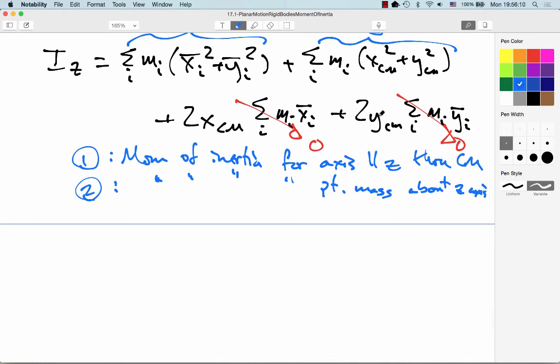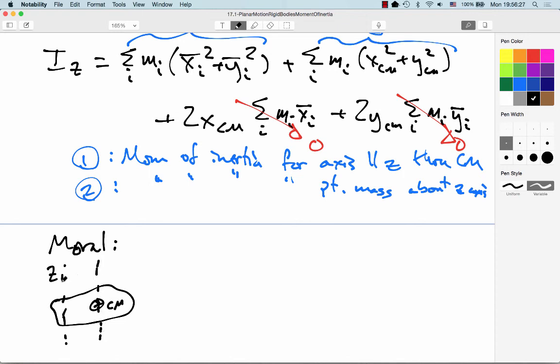So the moral of this: say here's another one of my blobs. Let's make that the z-axis, and say the CM is located here. I throw in another axis parallel to it, and call the distance between them L. Let's say it rotates about the z-axis like so.